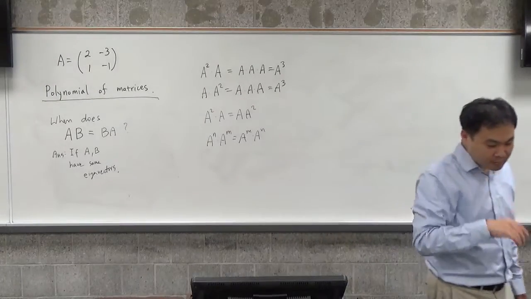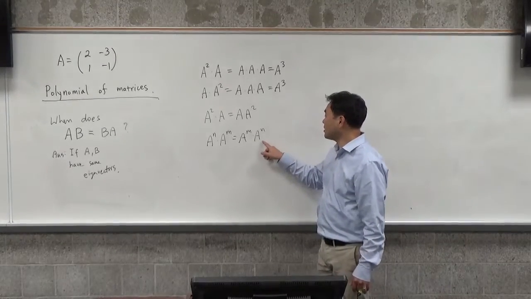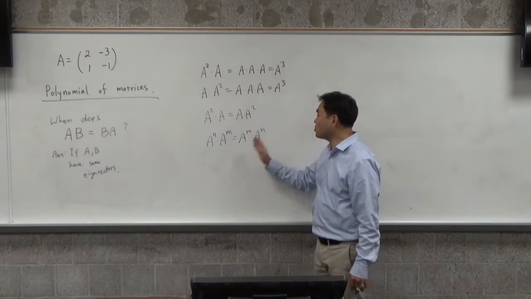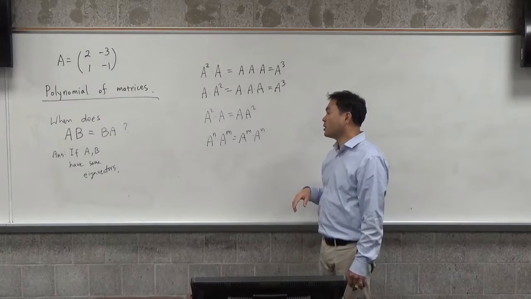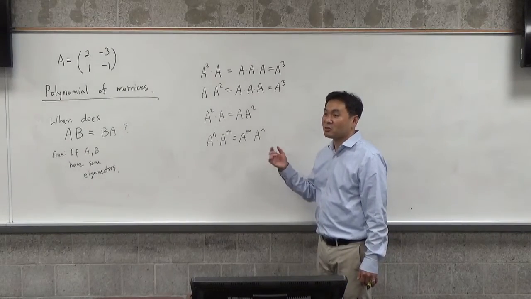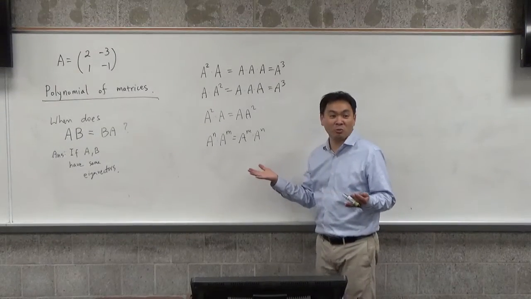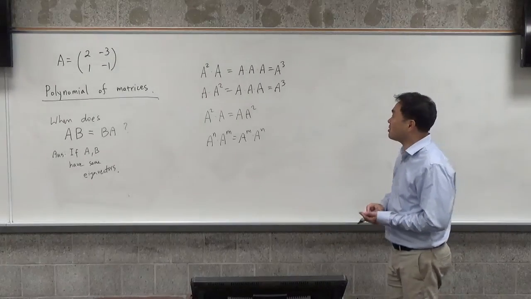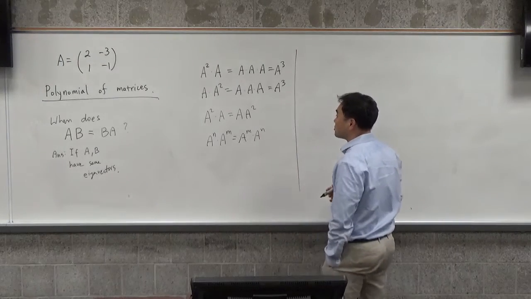But you can kind of see that if you limit yourselves to only matrices that commute amongst themselves, and if you also allow them to be invertible, then you can calculate as if you're doing calculation with real numbers. And such an idea is what gives rise to the polynomial of matrices.